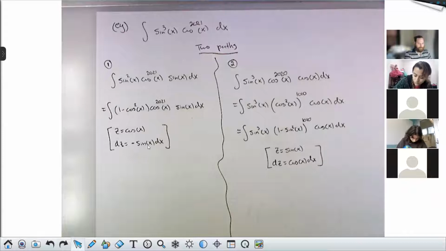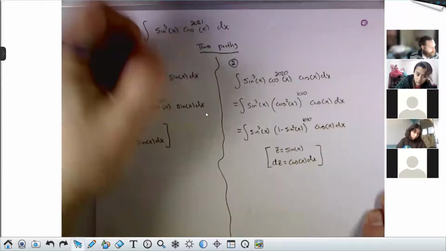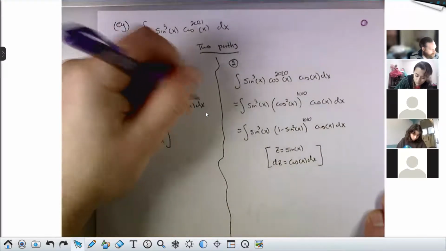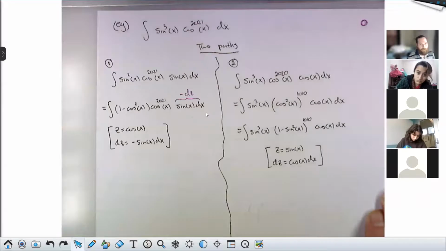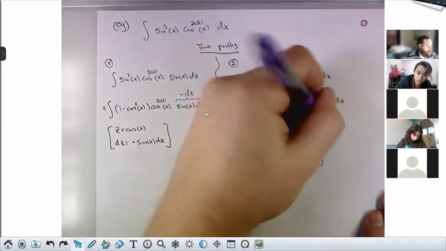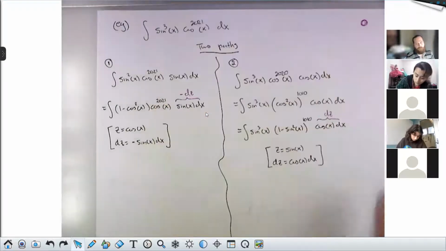In the first integral, dz is negative sine x dx, so this sine x dx would be negative dz, and the negative I can pop out. In the second integral, this is just exactly dz, which is nice and clean.